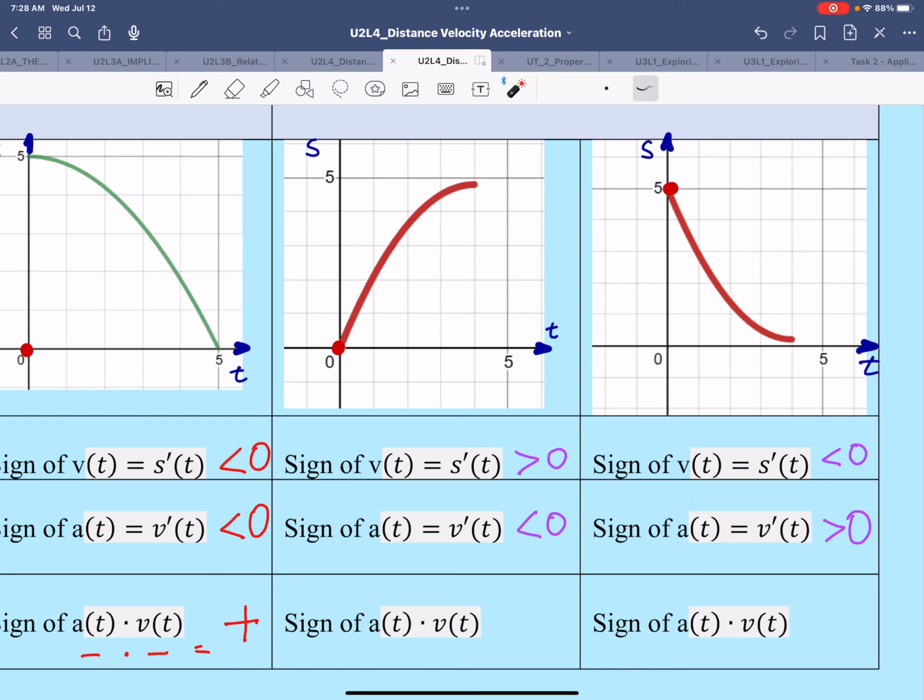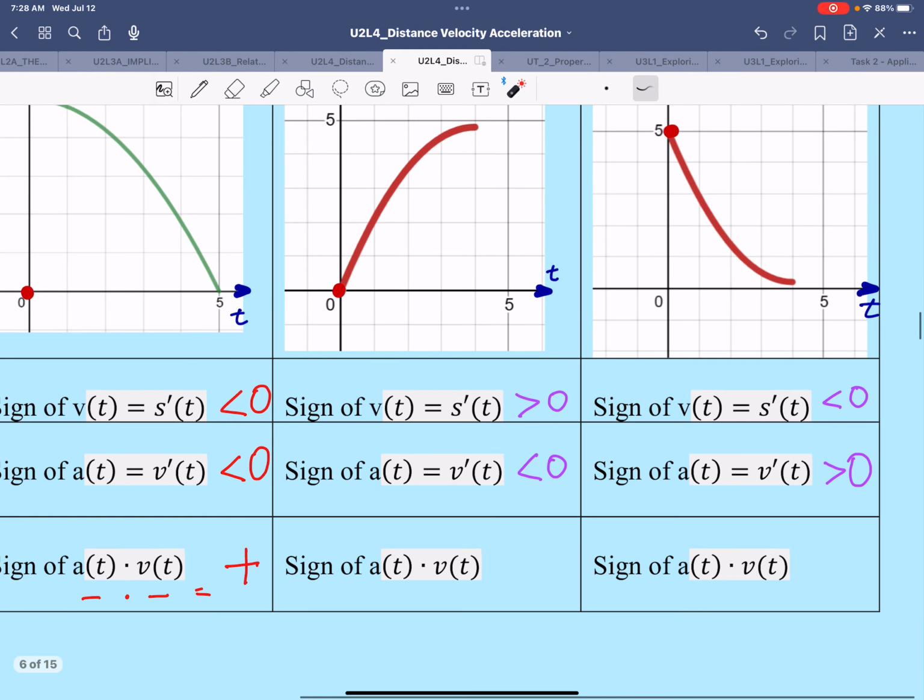Now, lastly, we're going to study the signs of velocity and acceleration. If you were to multiply them, you would be multiplying acceleration, which is negative right here, with velocity, which is positive right there. So a minus and a plus will give a minus. Now let's take a look at this one. Acceleration is positive, velocity is negative.